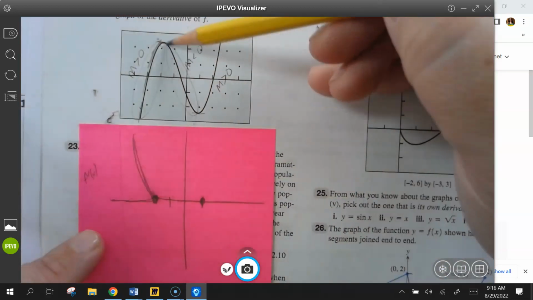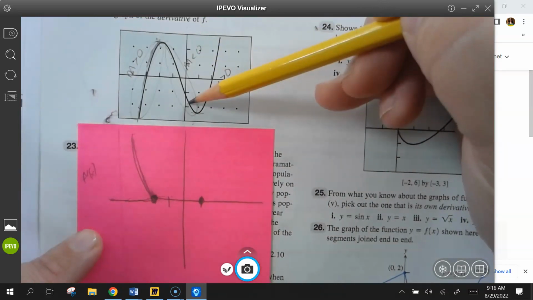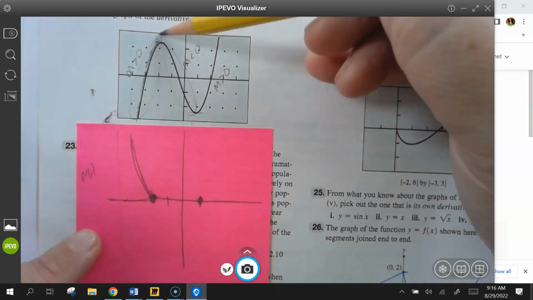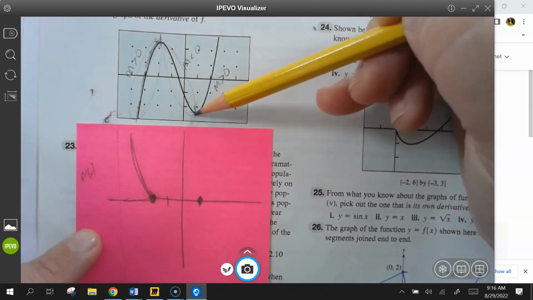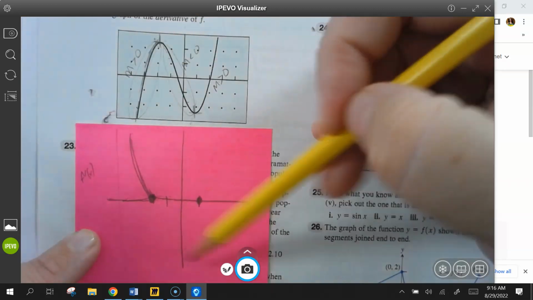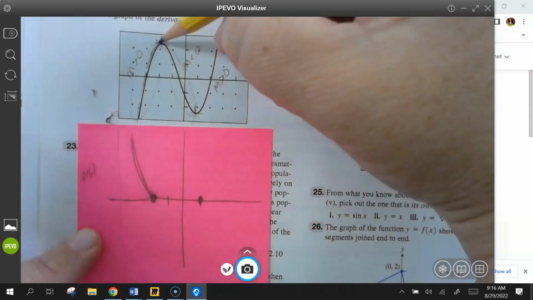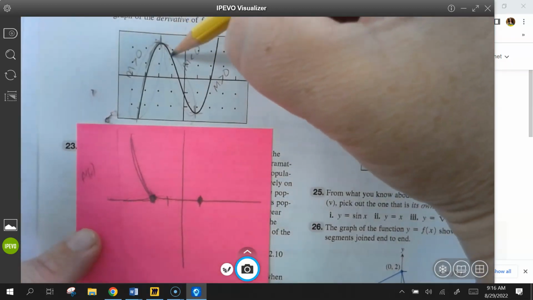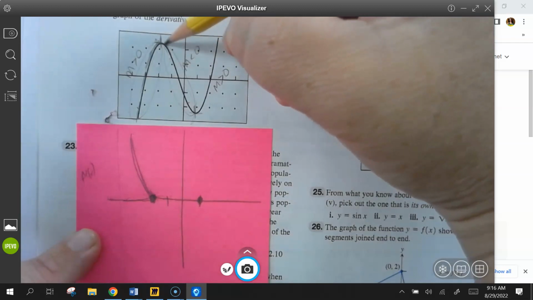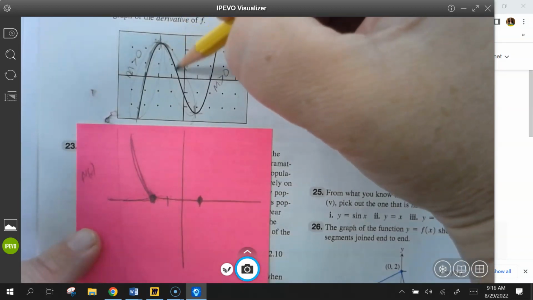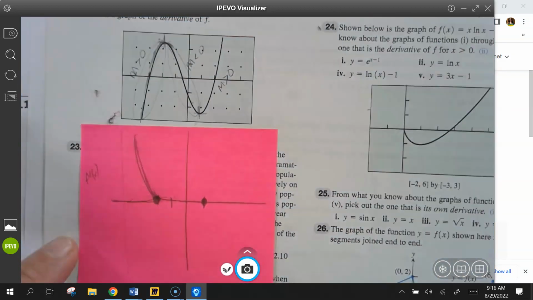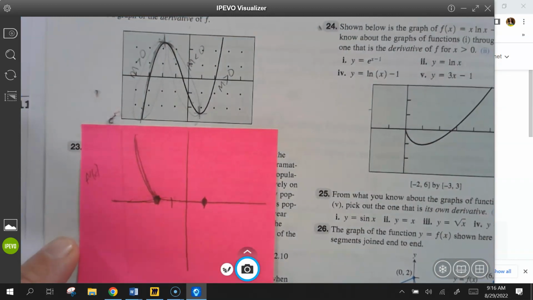Now, what's happening here? I'm going from between these two zeros, right? And I'm always negative, so I'm always down here. But watch the slope. So I'm 0. I'm still a negative slope, but it's getting steeper and steeper and steeper. Where does it stop getting quite as steep?